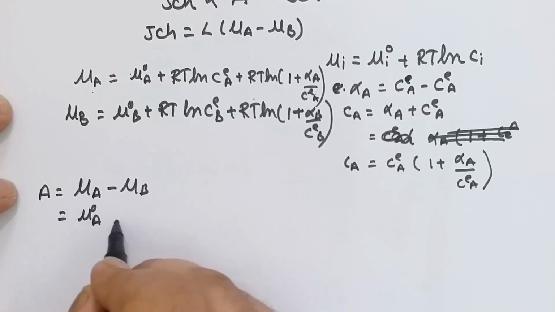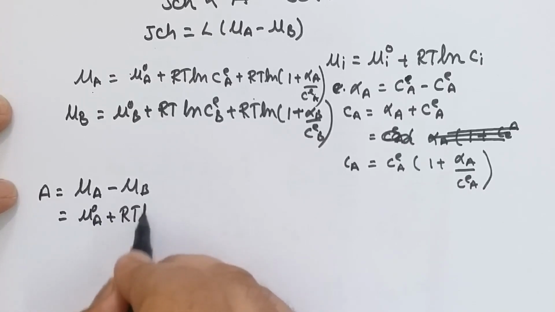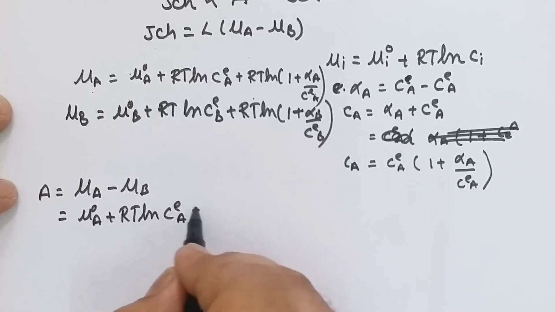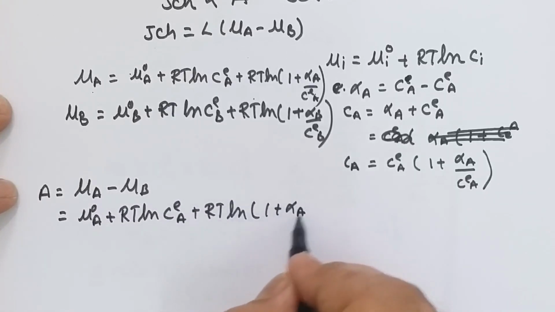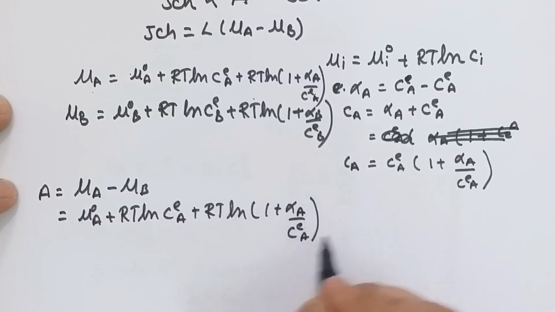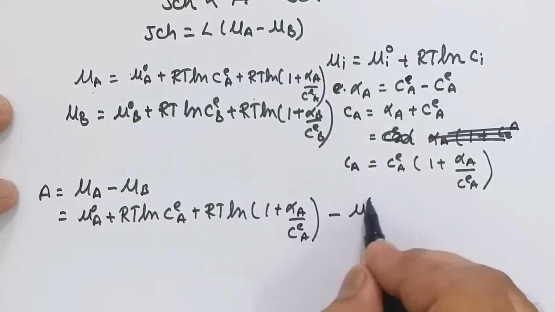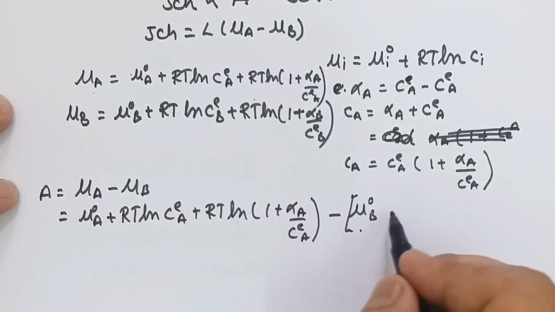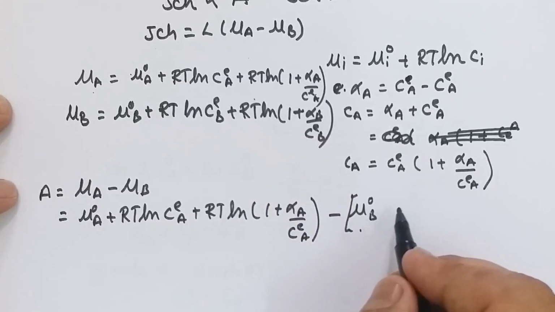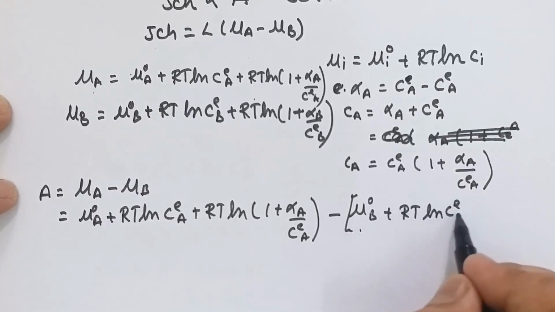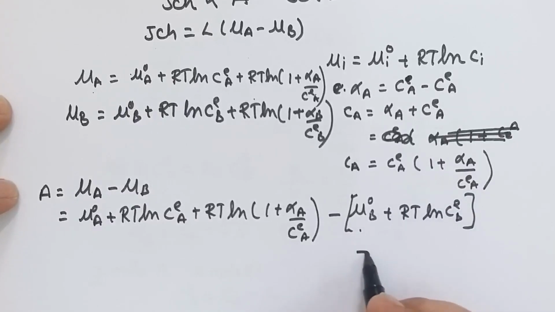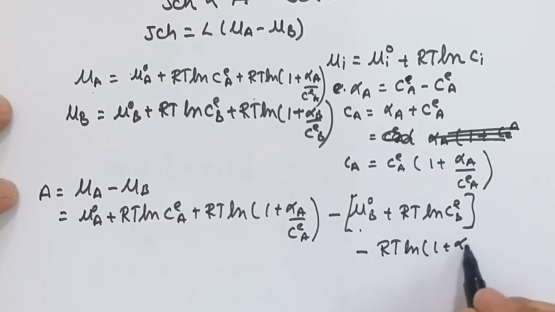So we will have mu 0 of A plus RT ln CeA plus RT ln (1 plus alpha A upon CeA) minus, we will have mu 0 of B, we can take both these terms in the square bracket, plus we can write RT ln CeB minus RT ln (1 plus alpha B upon CeB).